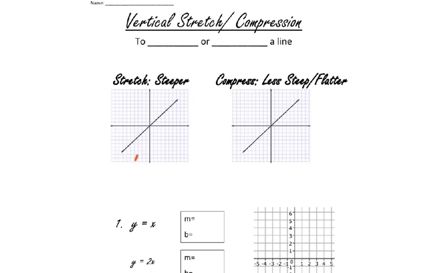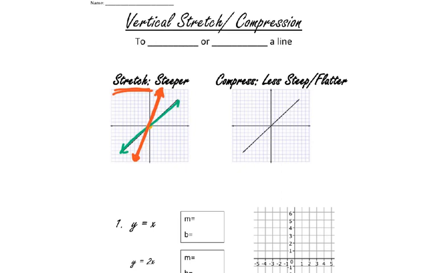If it becomes steeper, it's going to look like this. The y-intercept did not change. The y-intercept is still 0, 0. But instead of my line being like this, which was my parent function, this line became steeper. This became steeper. That's called a stretch. You can put stretch or steeper.